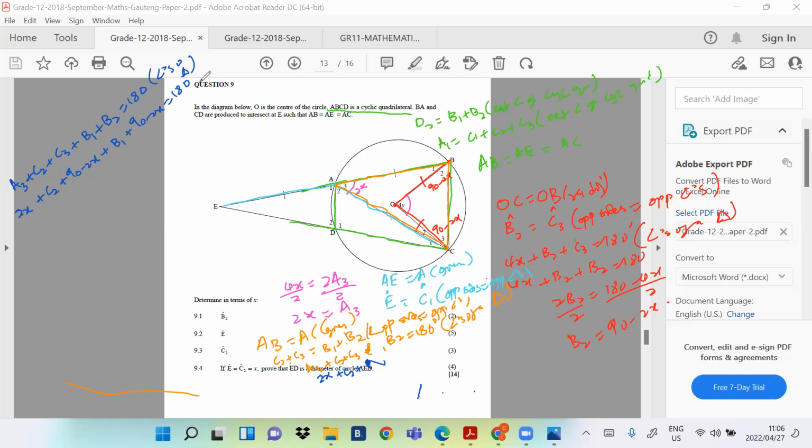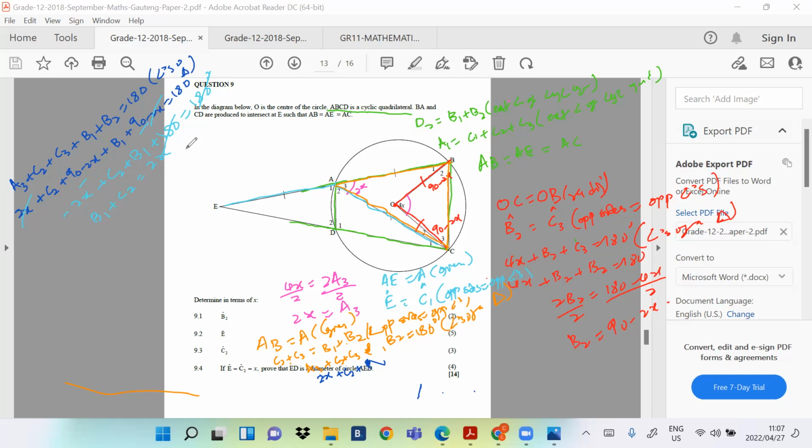Can you see that 2x and minus 2x cancel out? I'm left with negative 2x, plus C2 plus B1, and 90 and 90 give me 180. These are all equal to 180. Can you see that 180 is going to cancel out? So I'll have B1 plus C2 to be 2x.